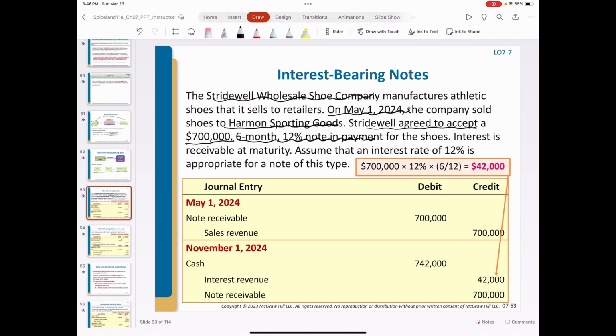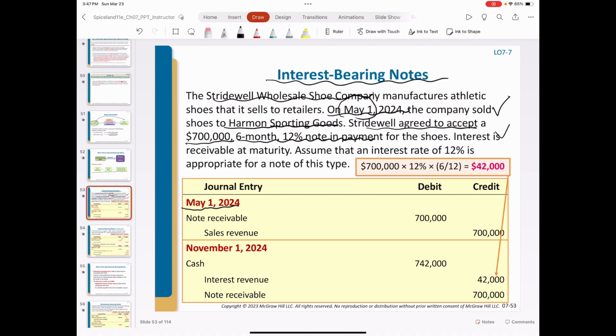It means starting from May 1st, 6 months later, the customer should pay the principal back, plus the interest, because this is an example of an interest-bearing note. Since it is 6 months, the sales and the note's collection happen within 1 year.